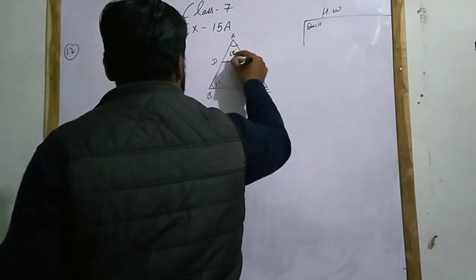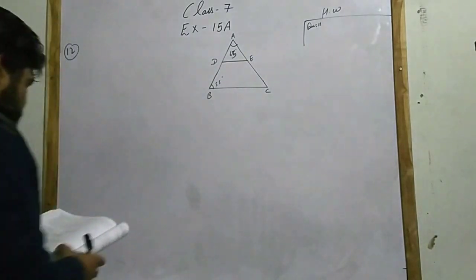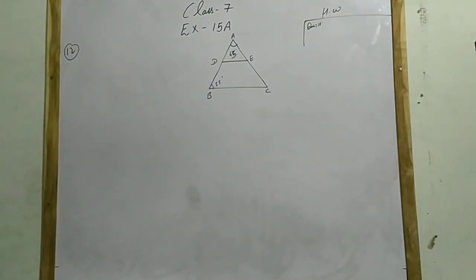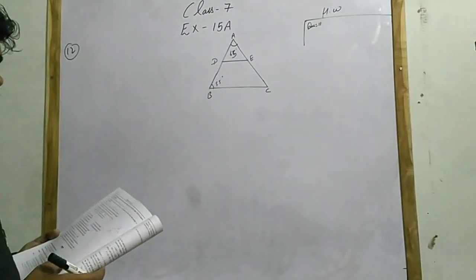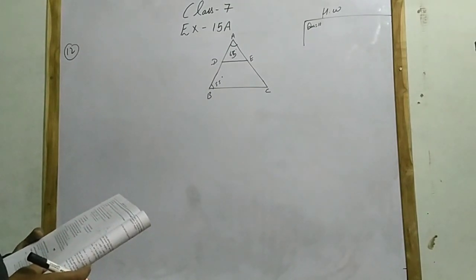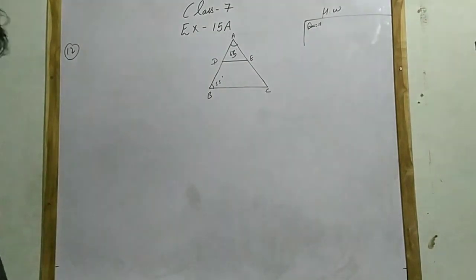It is given. In the given figure, DE parallel to BC. If angle A equals to 65 degree, angle B equals to 55 degree, find. First one is your angle ADE, second angle AED, and third is your angle C.